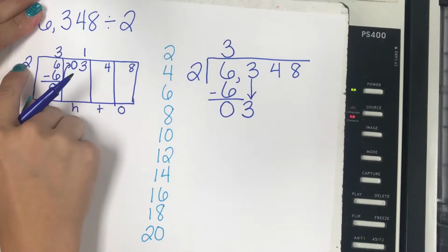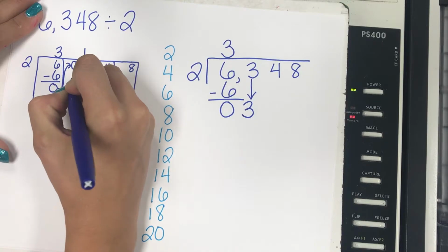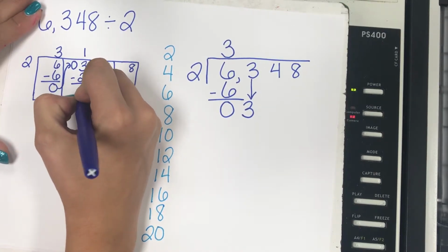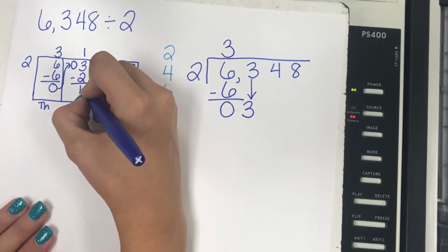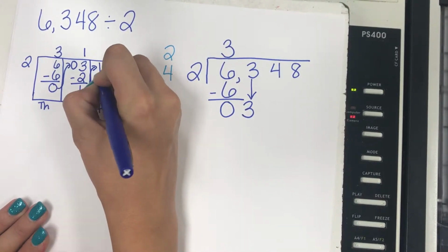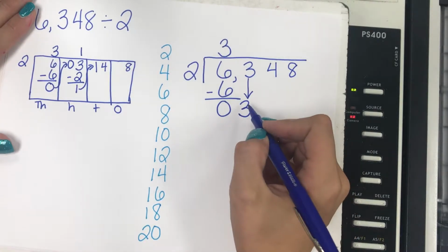If I have 1 in each of those groups, how many did I use? 2. So how many left over do I have? 1. And then what do I need to do with this 100? Bring it over, and I'm breaking it into those 10 tens. Same thing here.